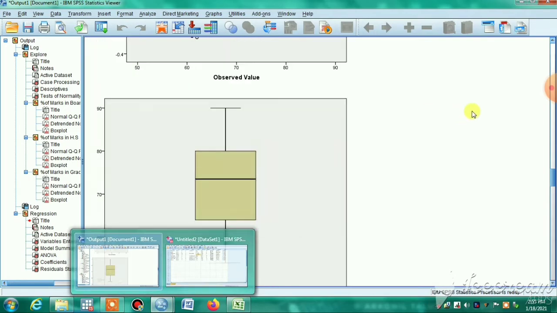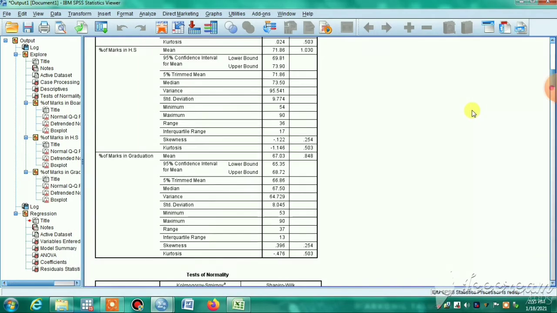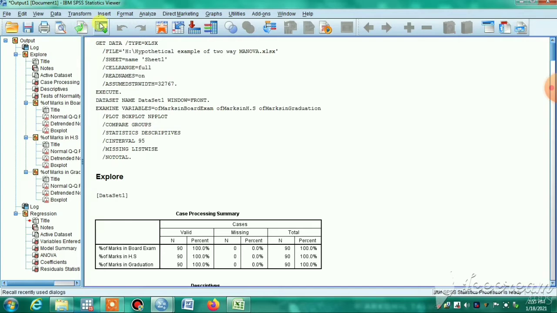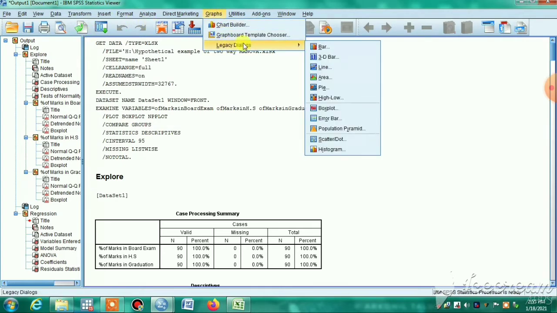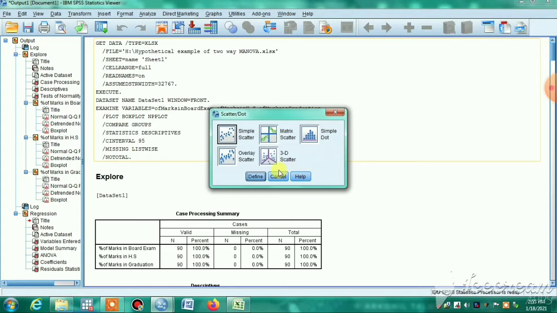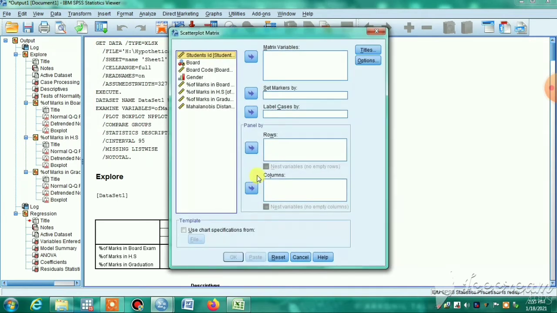Next, to show linearity, we go to Graphs, Legacy Dialogs, then Scatter/Dot, then Matrix Scatter, Define. The matrix variables are the dependent variables: percentage of marks in board, percentage of marks in HS, and percentage of marks in graduation.